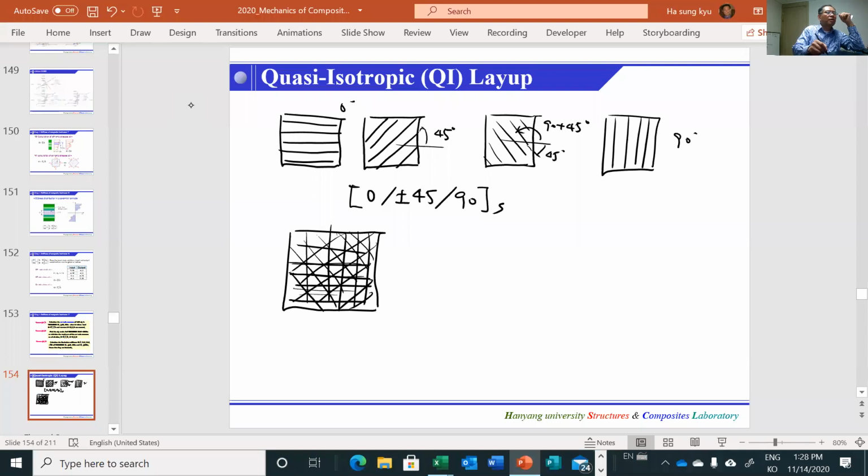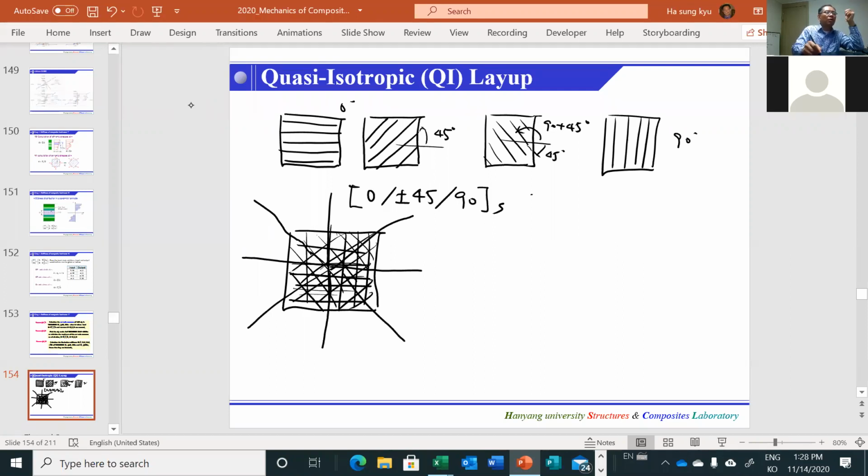So as you can see, you have a 0, you have a 45, you have a 90, you have a minus 45, which is equivalent to 135, and actually 90 is the same as 180, right? And 45 is the same as this angle, 225, and this and that one.